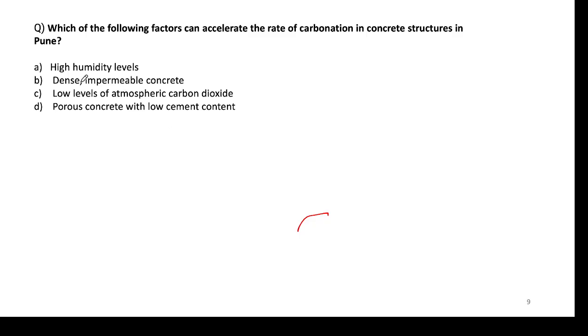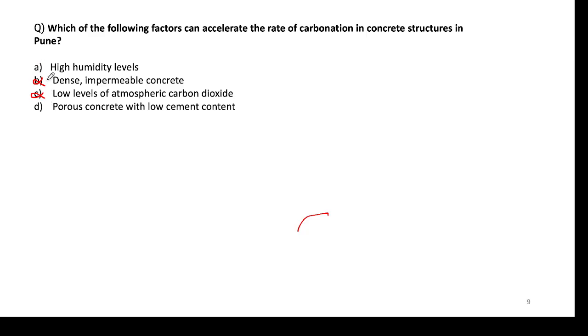So dense and impermeable concrete obviously is not the answer because it will reduce the ingress of CO2 into the concrete structures, and that will eventually reduce the carbonation of the concrete. Low level of atmospheric carbon dioxide: obviously the lower the carbon dioxide level, the lower the carbonation. Since we want to accelerate the carbonation, we will require a higher level of carbon dioxide, so that option is also not correct.